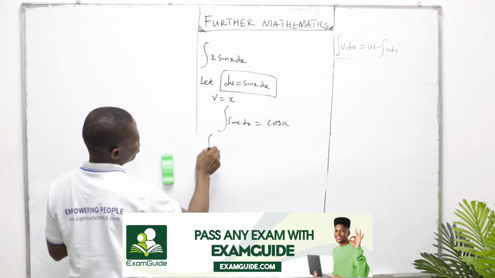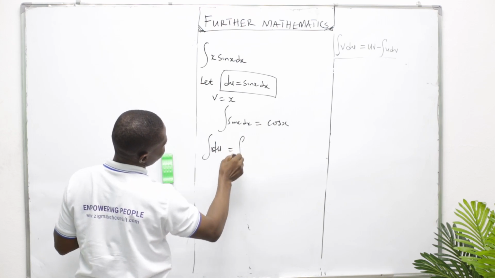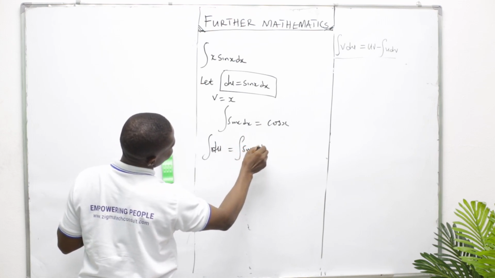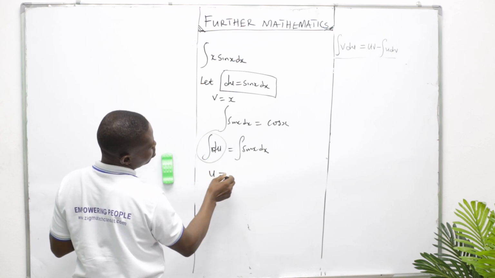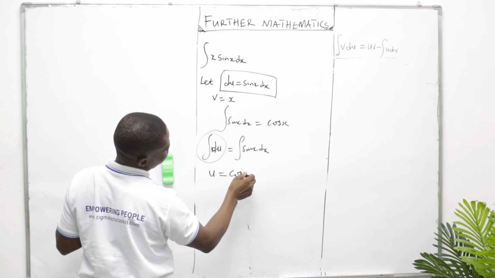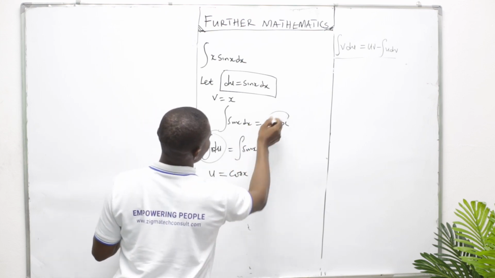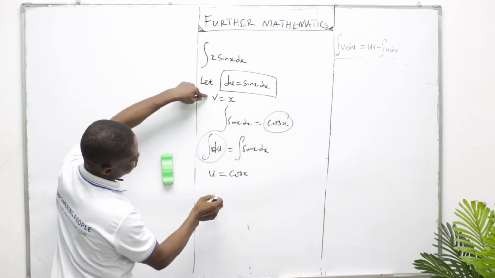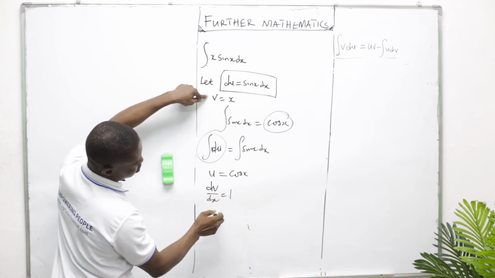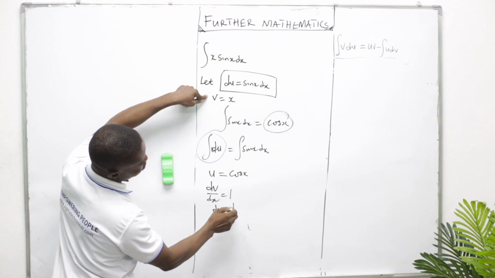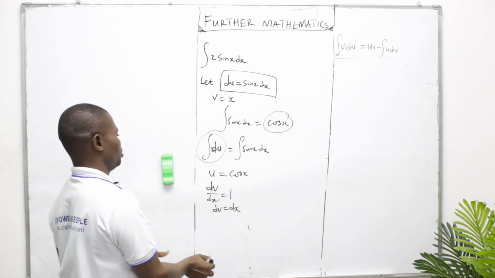That's why the integral of dv equals the integral of sine x dx. A single v will come out here. That is v equals minus cos x. You can see it. Now we have the integral part as cos x. Let us deal with this. The du/dx equals 1. Therefore, du equals dx. As simple as ABC.